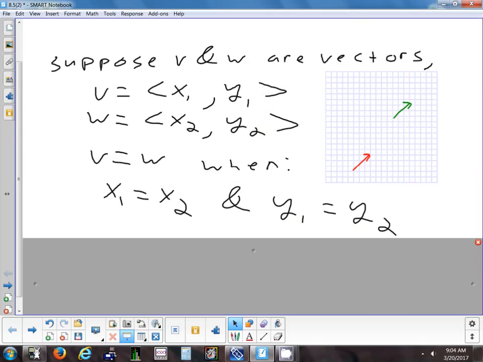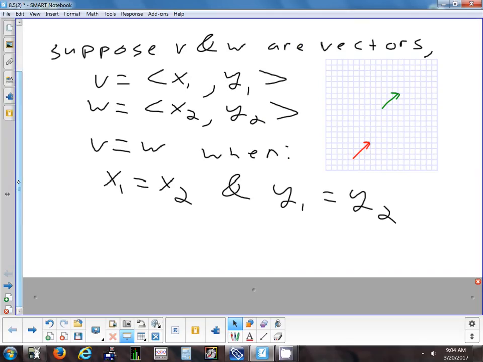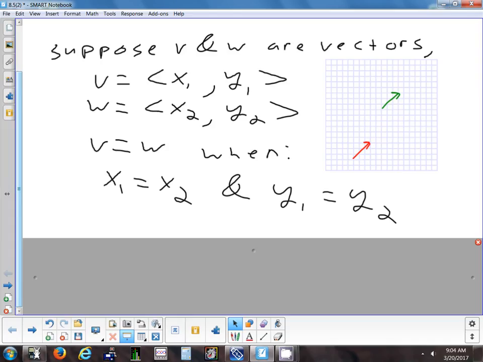Are they drawn in the same spot? No. So for two vectors to be equal, it doesn't mean they have to be drawn in the same spot. It just means that if you were to measure them, they have the same horizontal and the same vertical component. Basically, if you drew them and put them in the same spot, they'd be right on top of each other. Those two vectors are equal. Any questions on that?